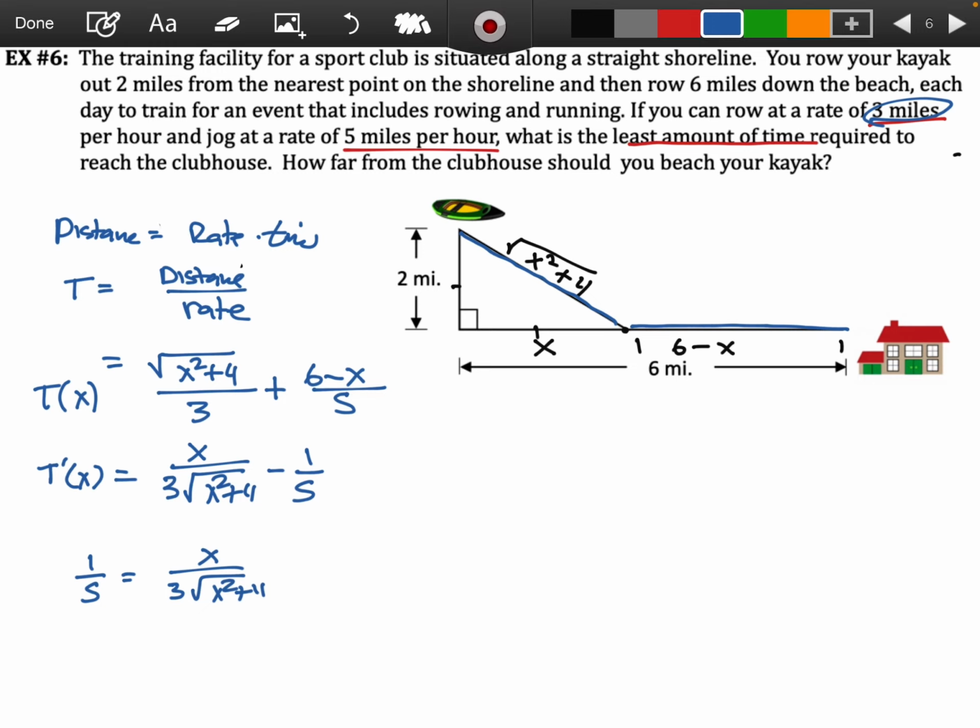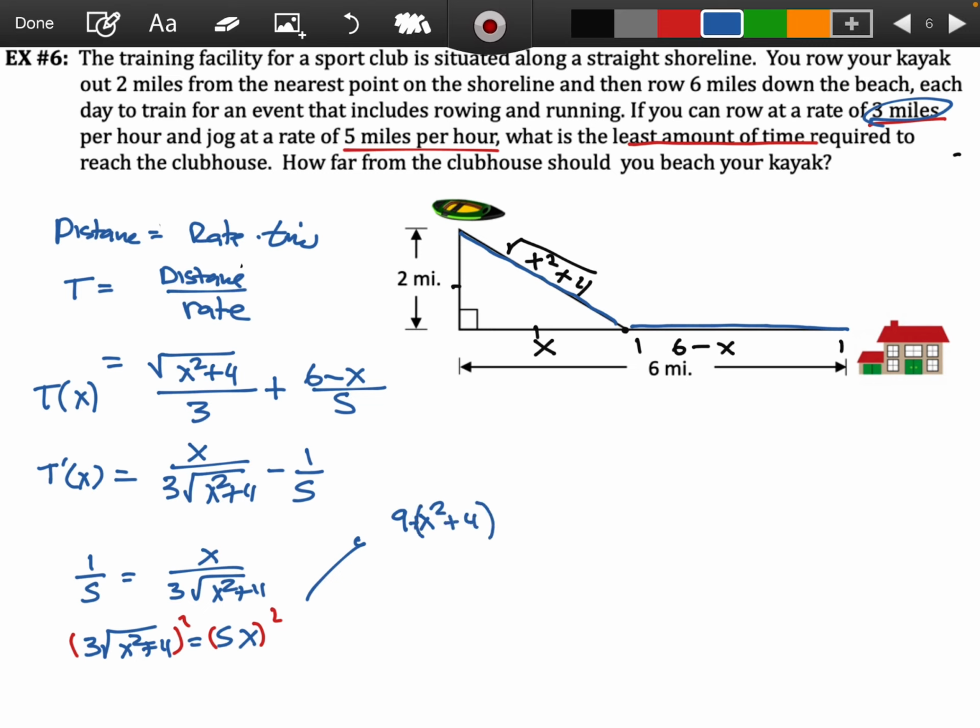Do a little bit of algebra manipulation. We end up getting 3 square root of X squared plus 4 is equal to 5X. I pretty much just multiplied the denominators to both sides. If I square both sides, I end up getting 9 times X squared plus 4, right?